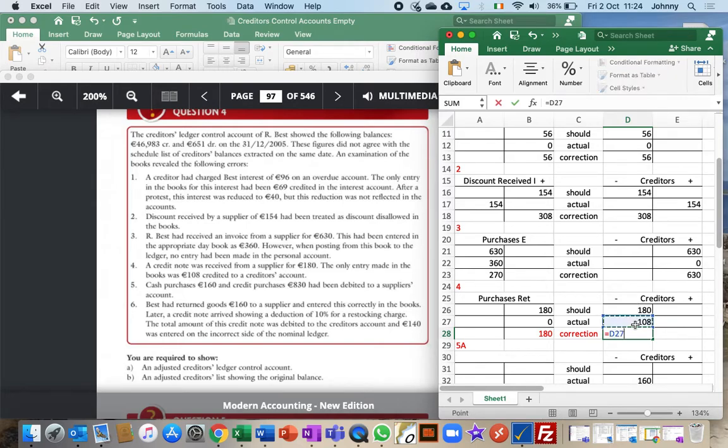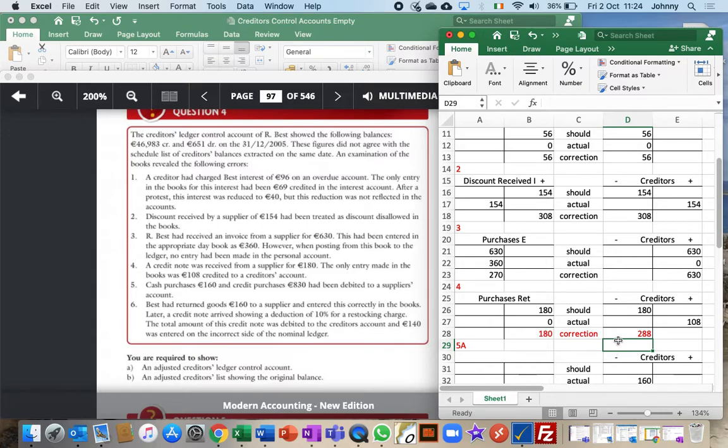In that case, the amount you put in would be 180 minus the 108. But in the case that we're doing here, 108 was put in there. So to fix it, I'll have one entry to cancel the mistake, and another entry to do what should have happened in the first place.